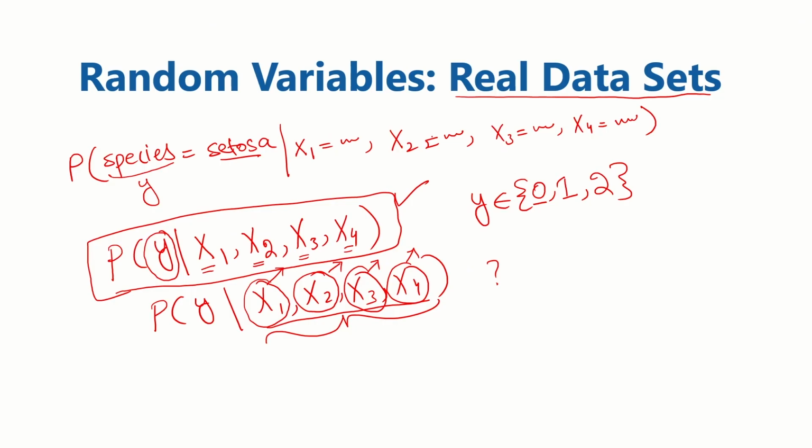Well, that problem is exactly this. Can we model this PMF? If we can model this PMF, where x1 is a random variable representing the sepal length, this is sepal width, this is petal length, petal width, then we have our problem solved, and that is a classification problem.